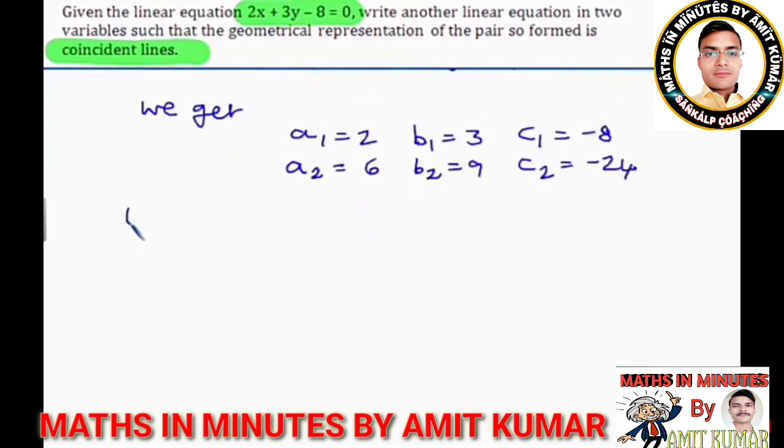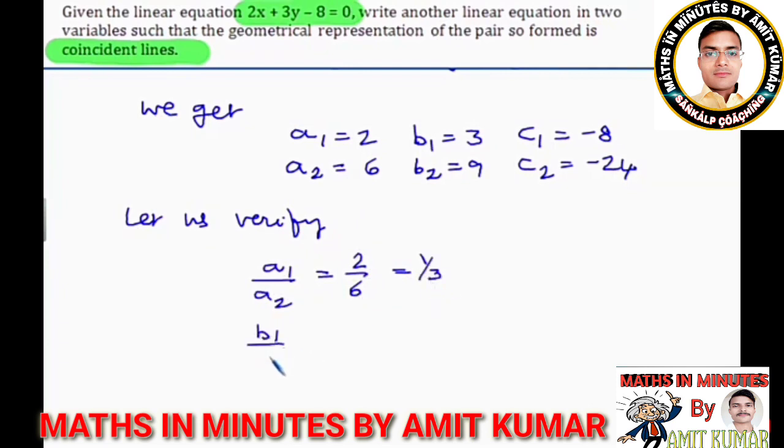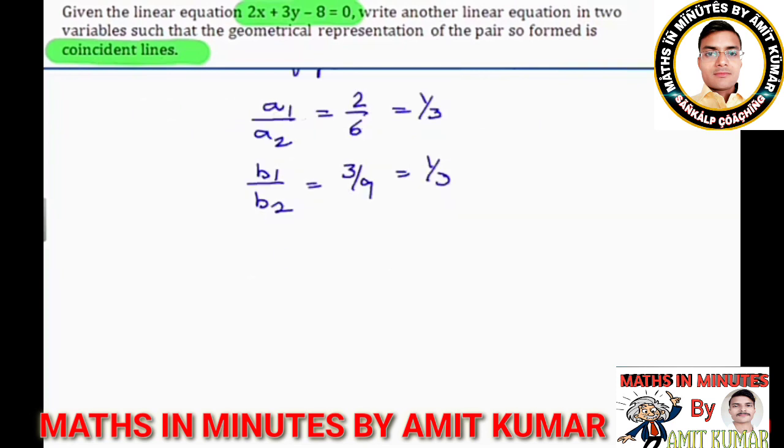Now let us find a1 upon a2 is equal to 2 by 6, which is 1 by 3. b1 by b2 is equal to 3 by 9, which is also 1 by 3, and c1 upon c2, which is -8 upon -24, which is also 1 by 3.